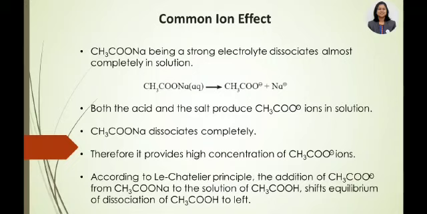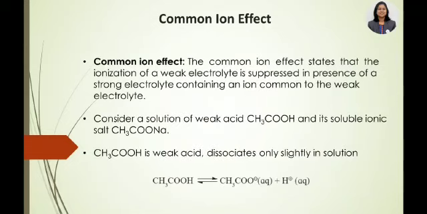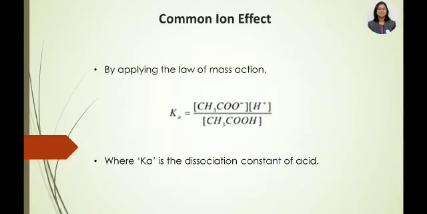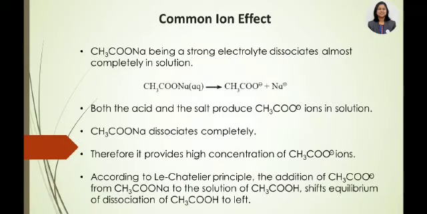Students, just write down both the reactions one below the other so that you will understand. The first one we have taken, I'll just show you. See the first one, CH3COOH gives you acetate ions plus H+ ions. And here also you can see CH3COONa gives you CH3COO- ions plus Na+.